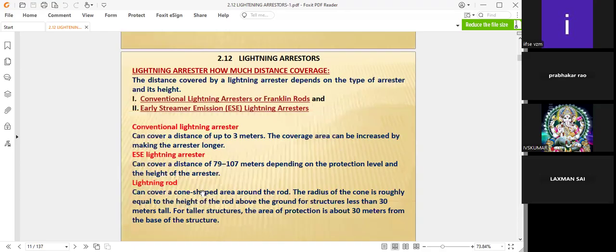As the gentleman is asking about how much distance a lightning arrester covers, there are two types: conventional lightning arresters, that is Franklin rods, and early streamer emission, ESE, lightning arresters, which are recently being used.